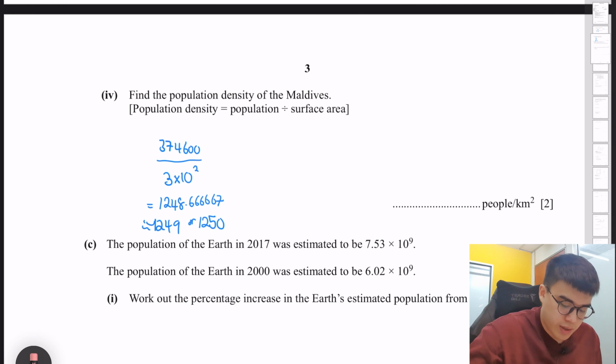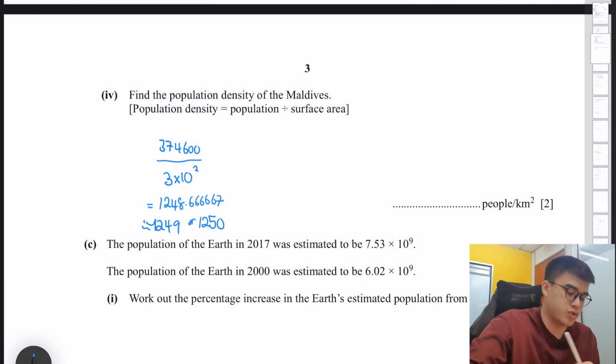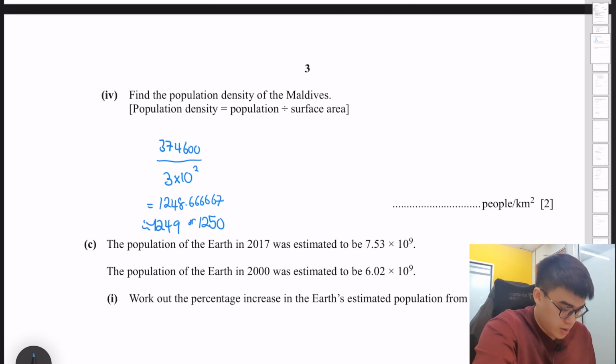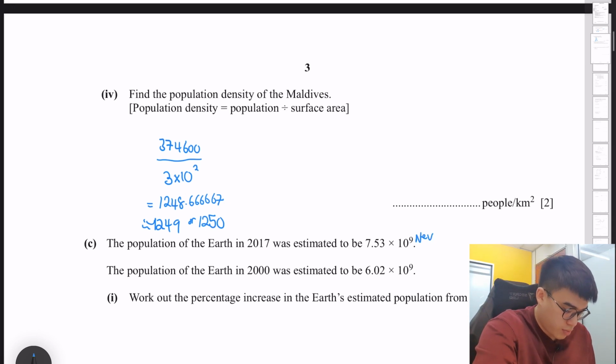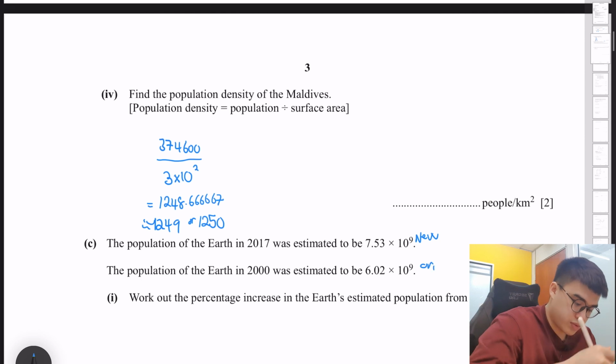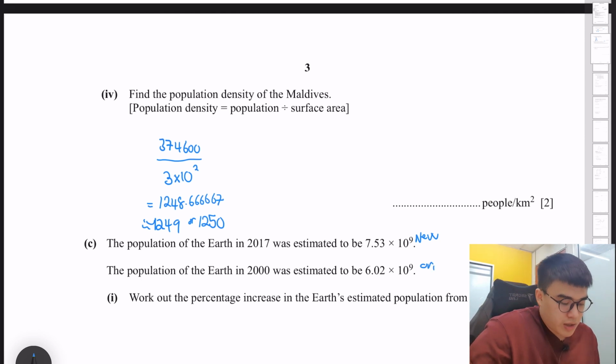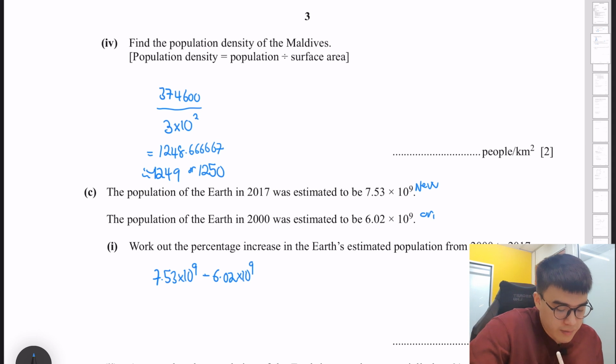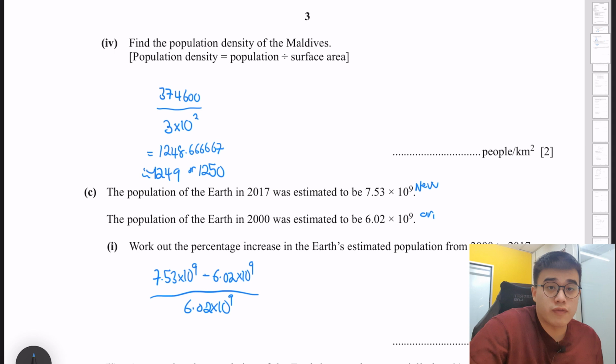The next one is pretty straightforward. First you need to identify which is the original one. So this is obviously new, this is original. For percentage of increase, I'll be taking 7.53 times 10 to the power of 9 minus 6.02 times 10 to the power of 9, divided by 6.02 times 10 to the power of 9.